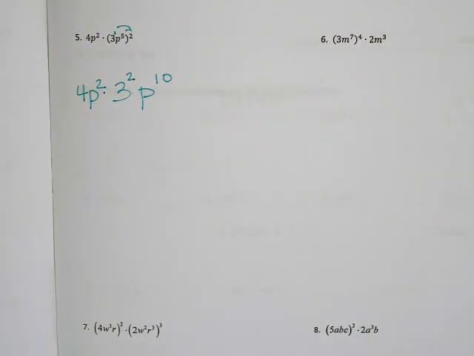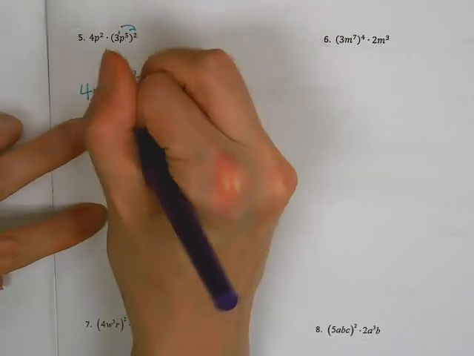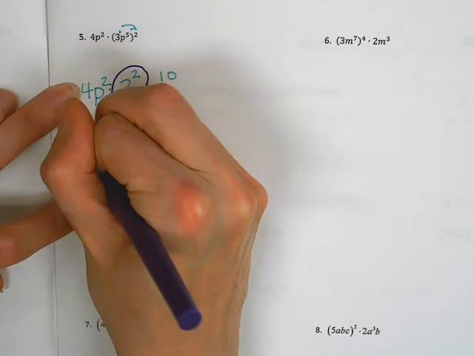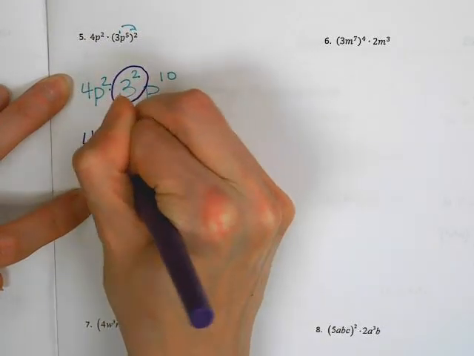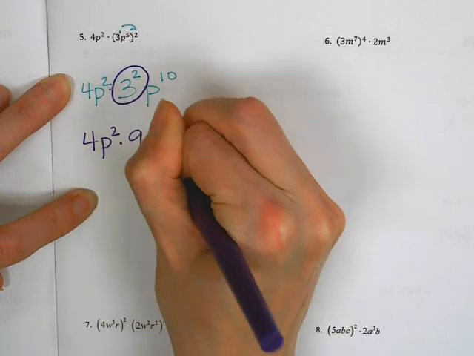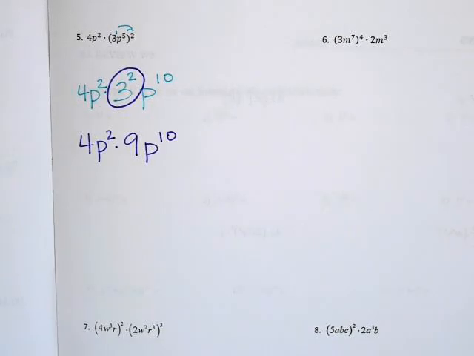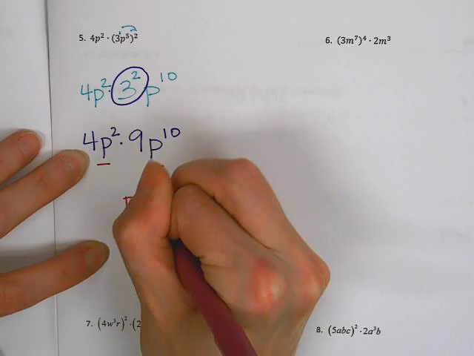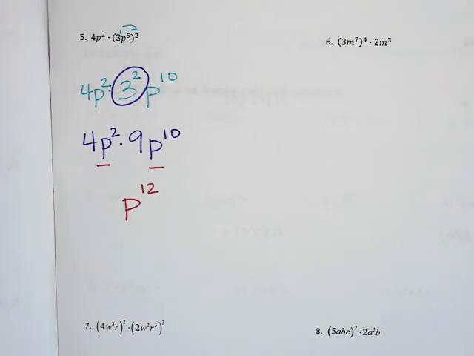Next step, I think I would do, what is 3 squared? Let's actually calculate that. So it's 4p squared times 3 squared is 9, p to the 10. And then next, if you have same bases, it stays the same, but you add, so p12, and then 4 times 9.